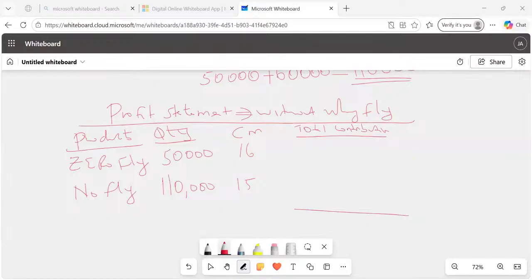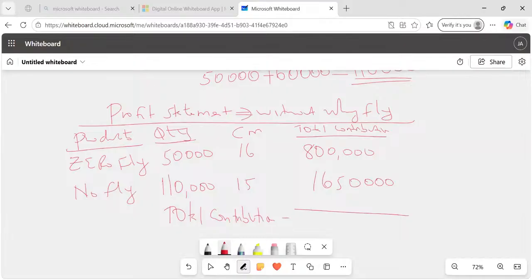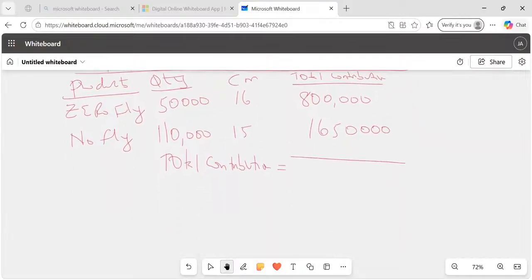50,000 times 16 is 800,000. How about 110,000 times 15? That is 1,650,000. Then come here and they give us the total contribution.